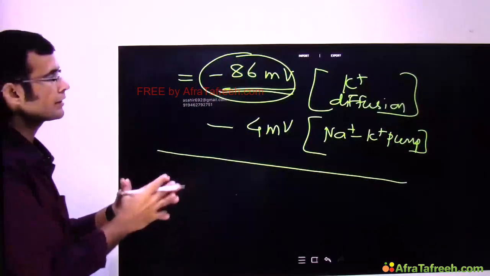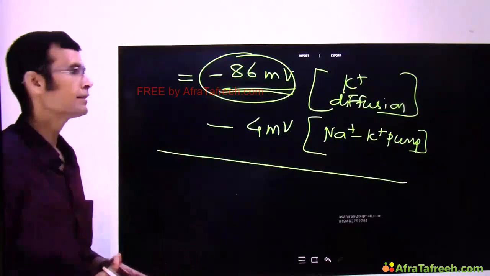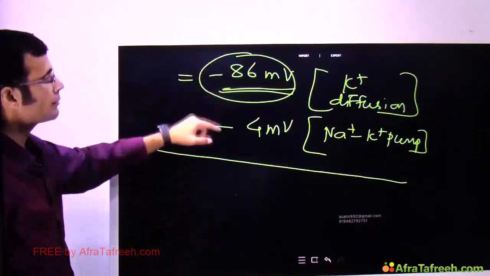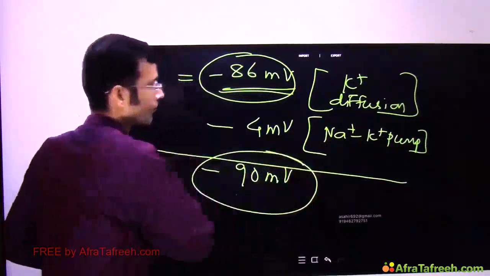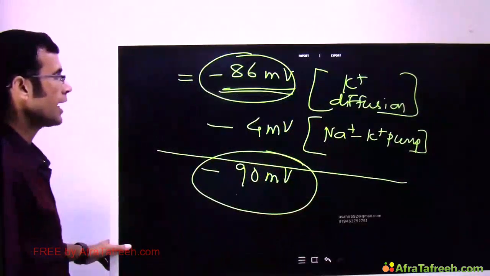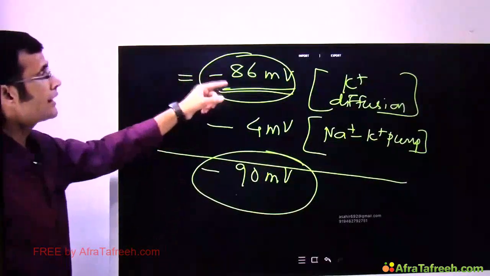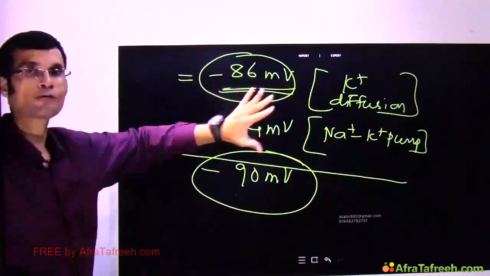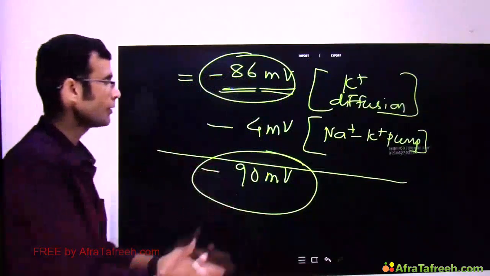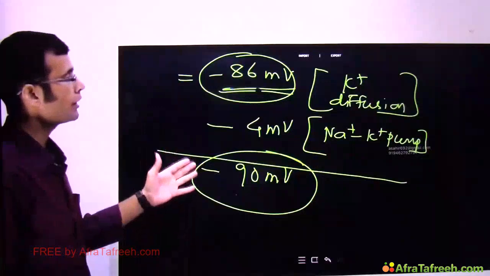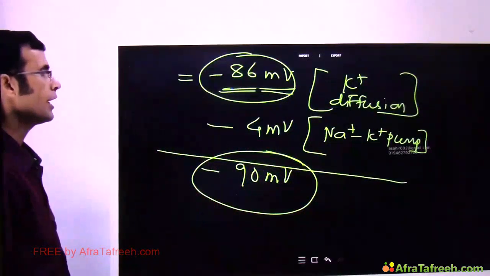We have already discussed this, that it creates a slightly negative value on the inside, and therefore minus 86 minus 4, it's minus 90 millivolts. This is the origin and development of the RMP. Minus 86 is created by diffusion of three ions, sodium, potassium and chloride, and of course potassium predominates in that, and minus 4 is contributed by the sodium potassium pump. That's the development of the RMP.